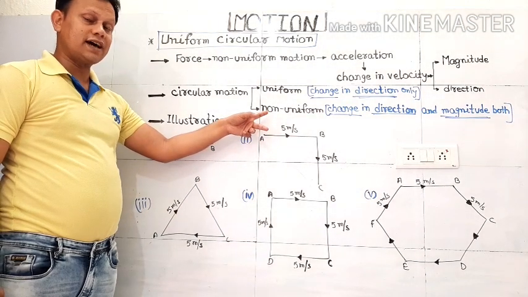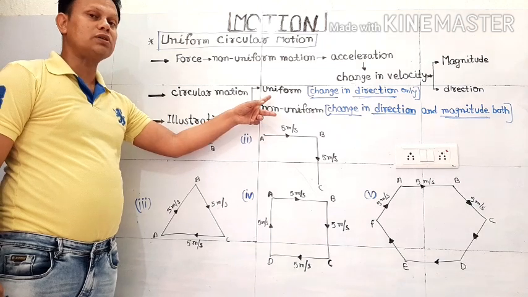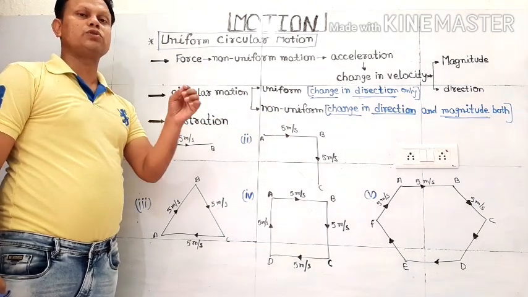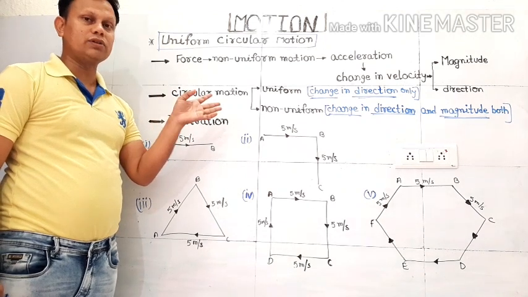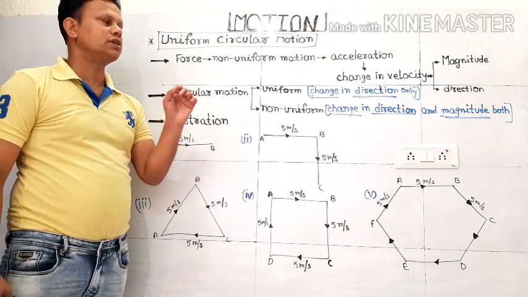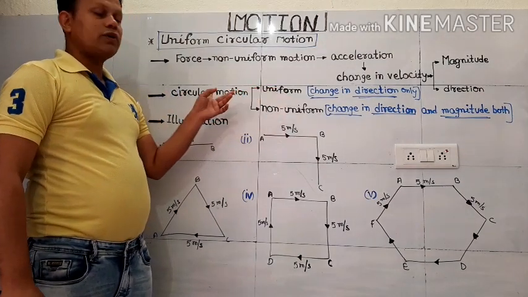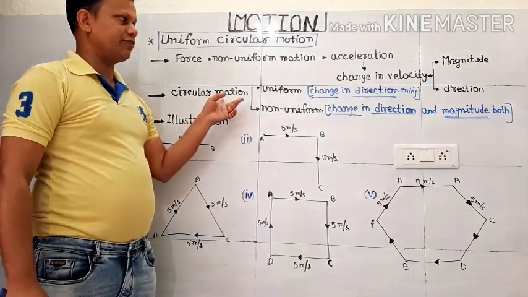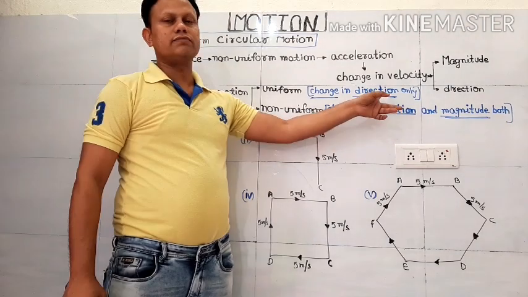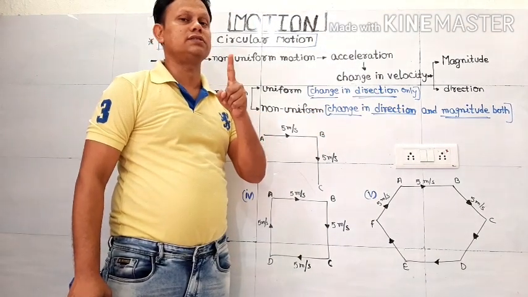Please take care that it's not a uniform motion, it is a uniform circular motion. Okay, so there is always a confusion between uniform motion and uniform circular motion. You will find out there are differences between uniform motion and uniform circular motion. So we'll come to know about that. Now, when it is called uniform circular motion, a brief idea I am giving you, when there is change in direction only of the moving object, not the magnitude of velocity.